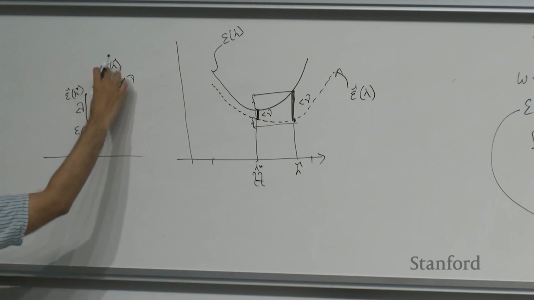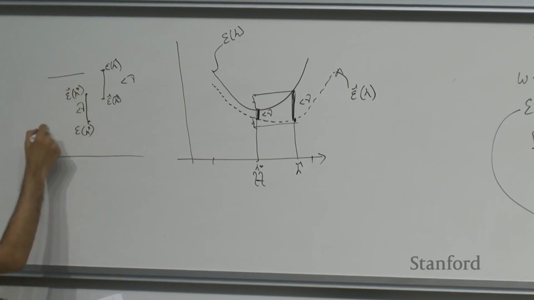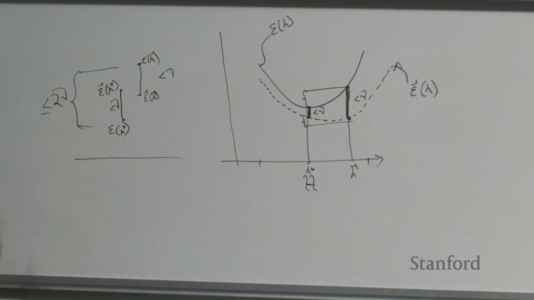So this is less than gamma, this is less than gamma, and this has to be more. So at most these two can differ by 2 gamma.